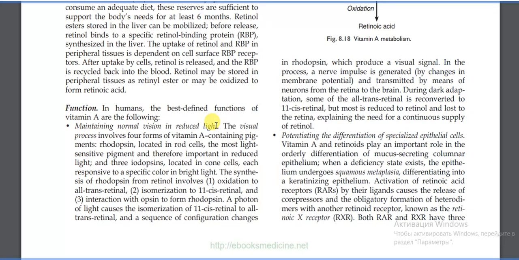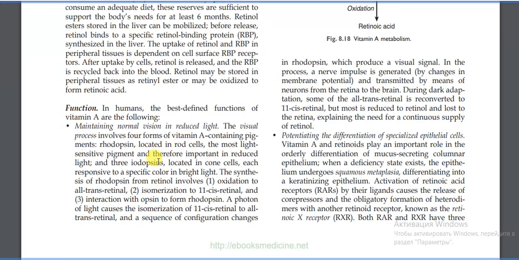This conversion happens due to, as I said before, a photon of light. This retinal is used for vision in dark and light conditions. In reduced light, it's very challenging for a person with vitamin A deficiency to differentiate pictures, and that's the first symptom in this case.